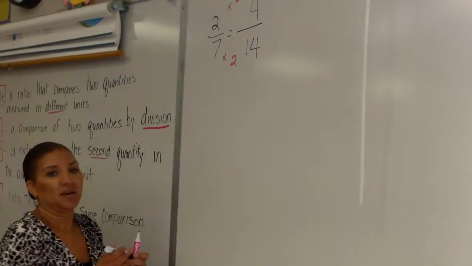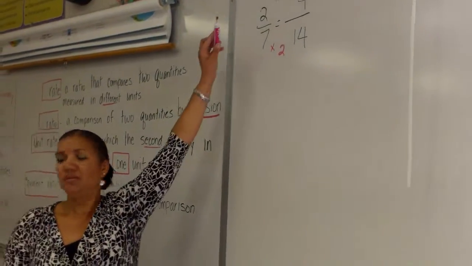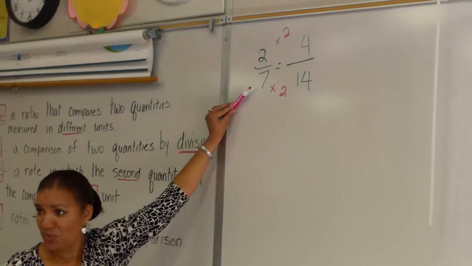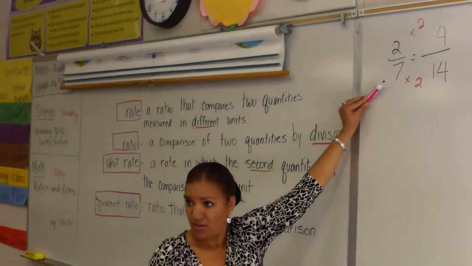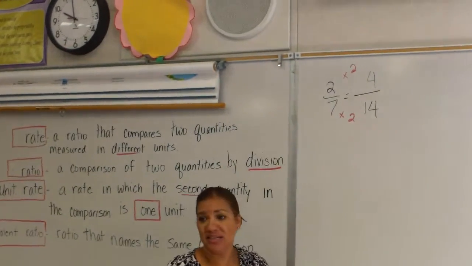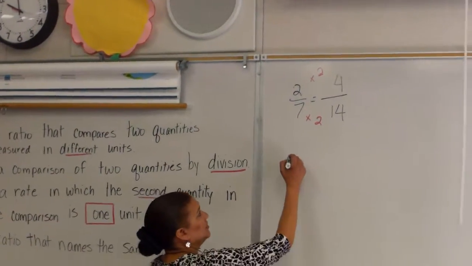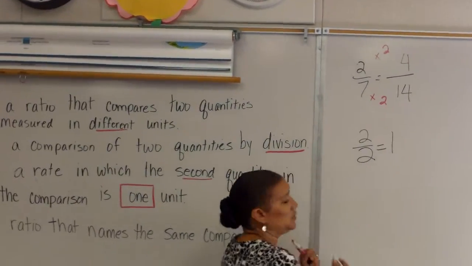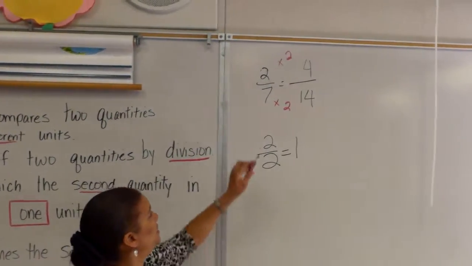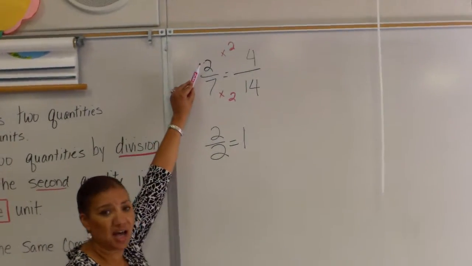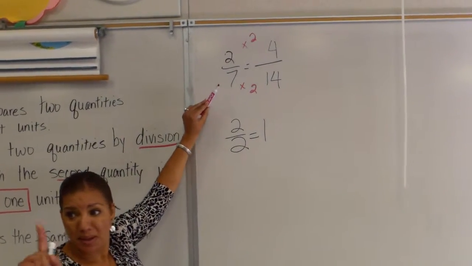Well, 2 over 7 times 1 equals what? 2 over 7. So 2 over 7 times 1 is still 2 over 7. So 2 over 2 is equal to 1. So I'm multiplying each term, the top term and the bottom term, by 1.